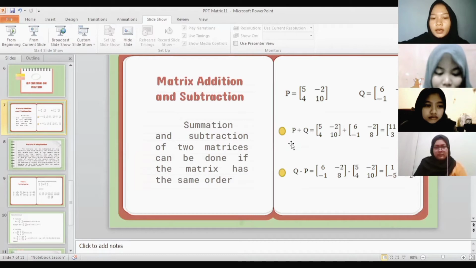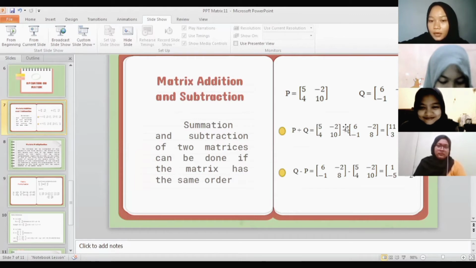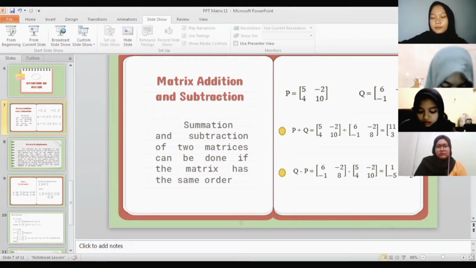We can sum P plus Q by adding the same positions: 5 plus 6 equals 11, minus 2 plus minus 2 equals minus 4, 4 plus minus 1 equals 3, 10 plus 8 equals 18. So the matrix P plus Q is 11, minus 4, 3, and 18.